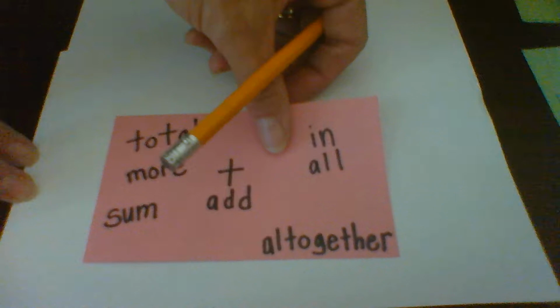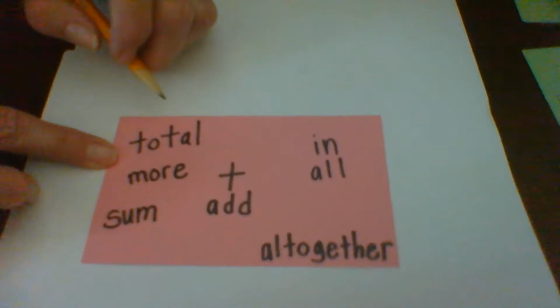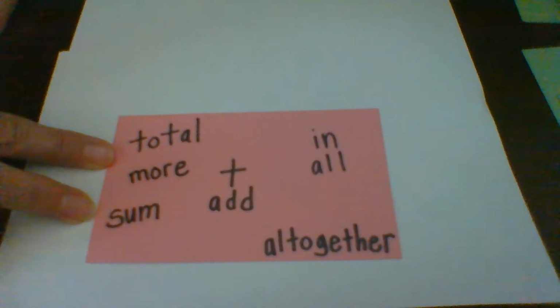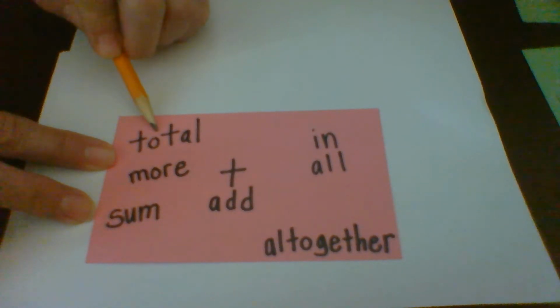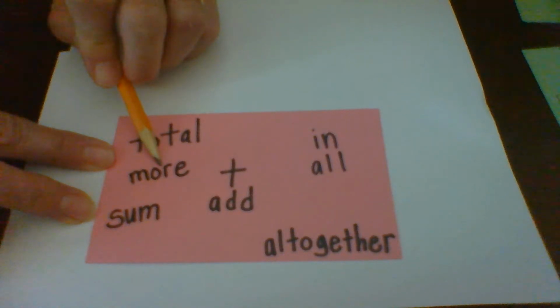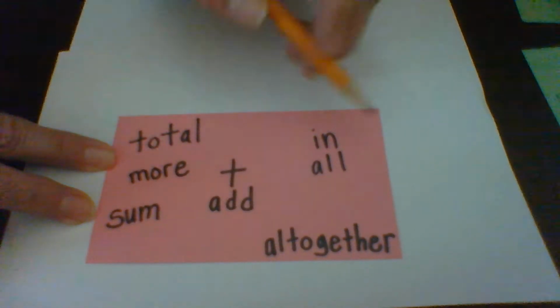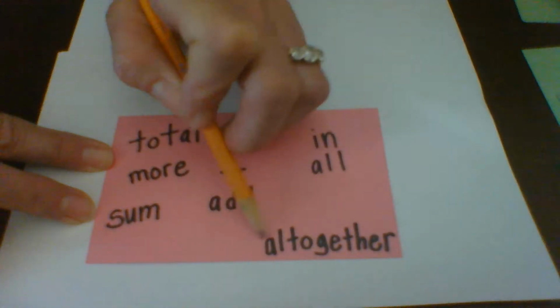So for Mr. Chad Add right here, this cute guy, Mr. Chad Add's words are, and I think you remember them, right? On the next ones, I'm going to have you tell me. So all these words: total, more, some, in all, together.